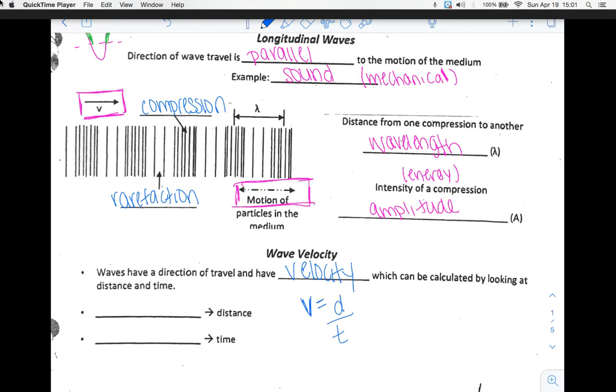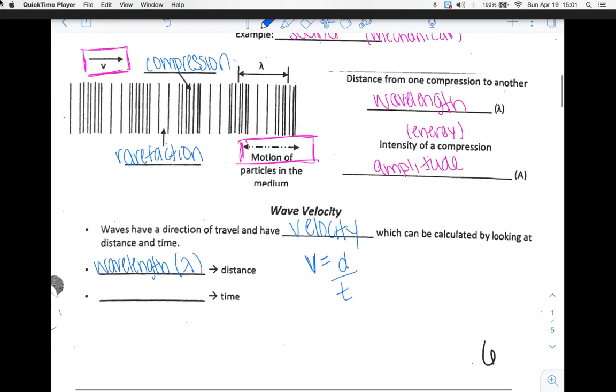Well, that's great, but we can't necessarily say that for a wave because we're dealing with different variables. When we talk about distance, again, we are talking about wavelength, and that's our lambda. When we're talking about time in terms of waves, this is something called the period, and that is capital T.